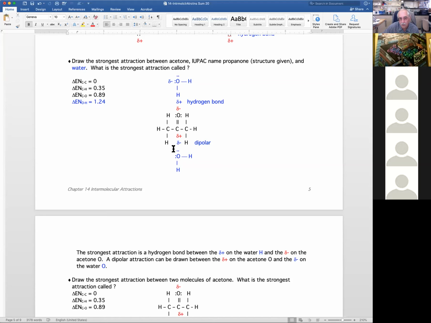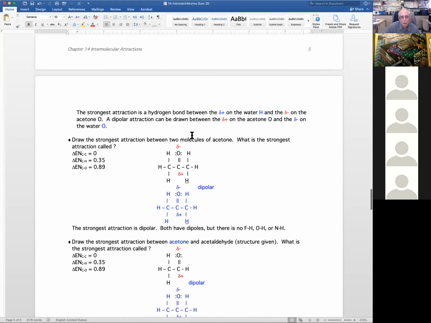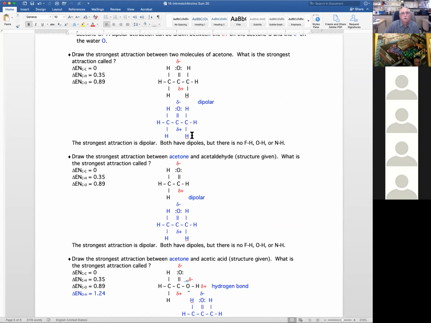Is it a hydrogen bond? Well, here's the O. Is that an FH, OH, or NH right here? No, it's not. Here's the O. Here's the OH of the other one. That is a hydrogen bond. So here's between two molecules of acetone.